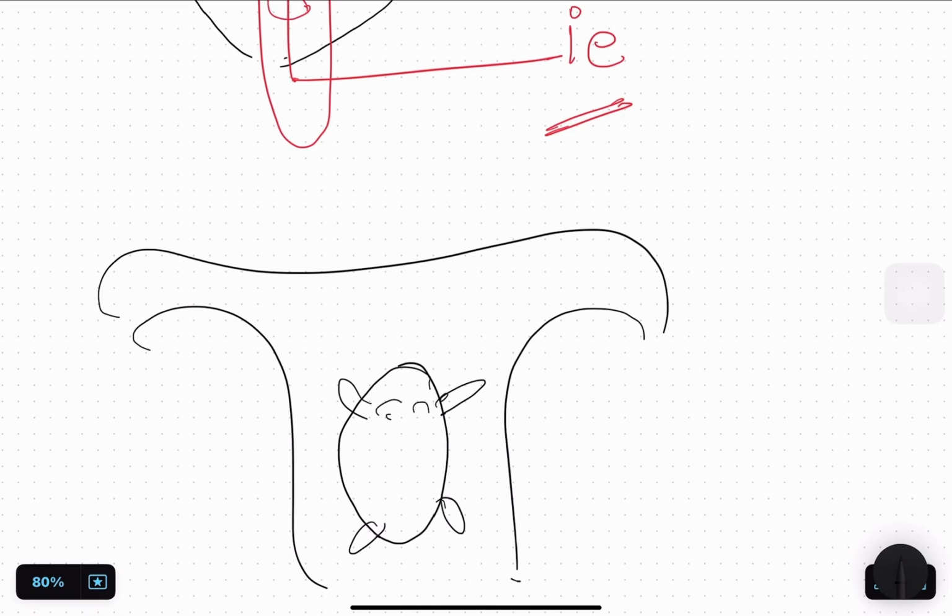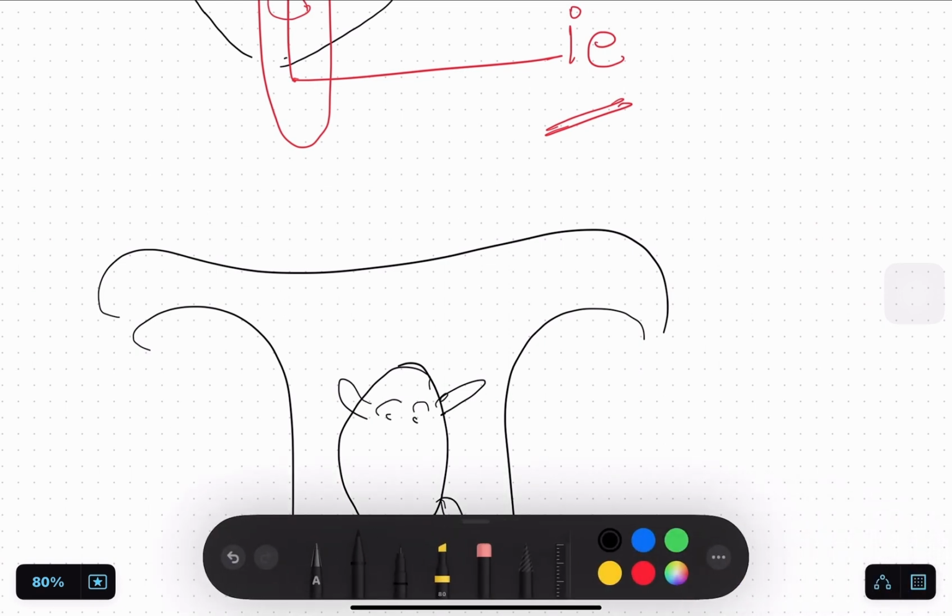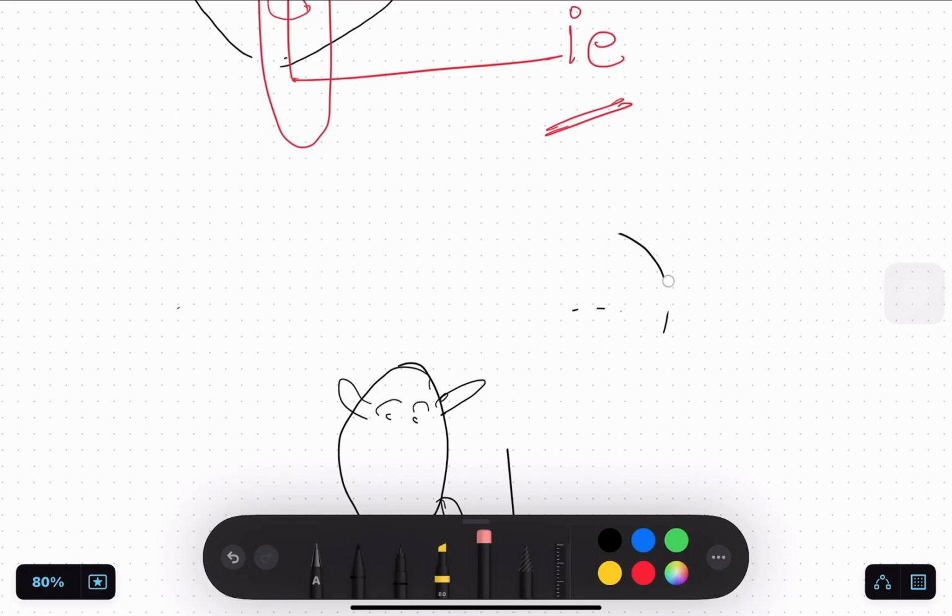For example, if this is the fetus, is it flexing all its limbs, or is it extending all its limbs? Remember, there is nothing related to the mother. If it is attitude, it is only related to the fetus. That is the main thing.